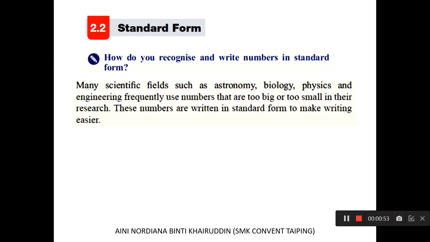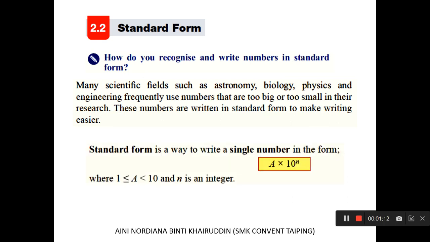Many scientific fields, such as astronomy, biology, physics, and engineering, frequently use numbers that are big or small in their research. These numbers are written in standard form to make writing easier.